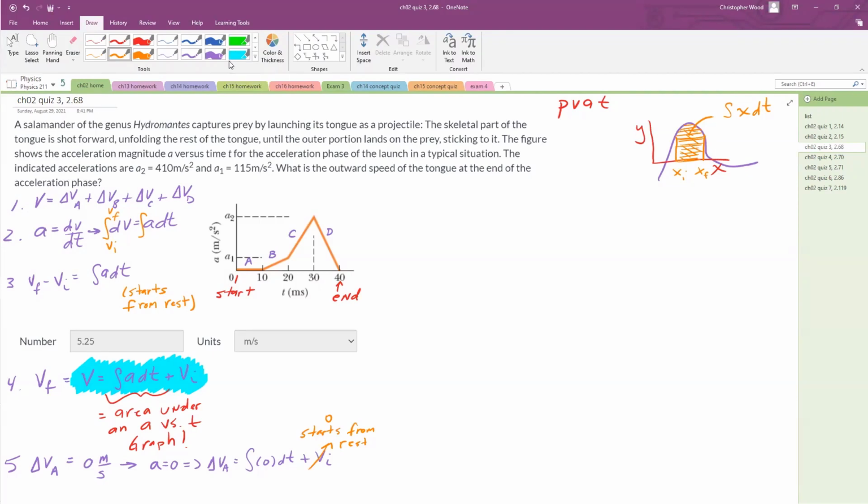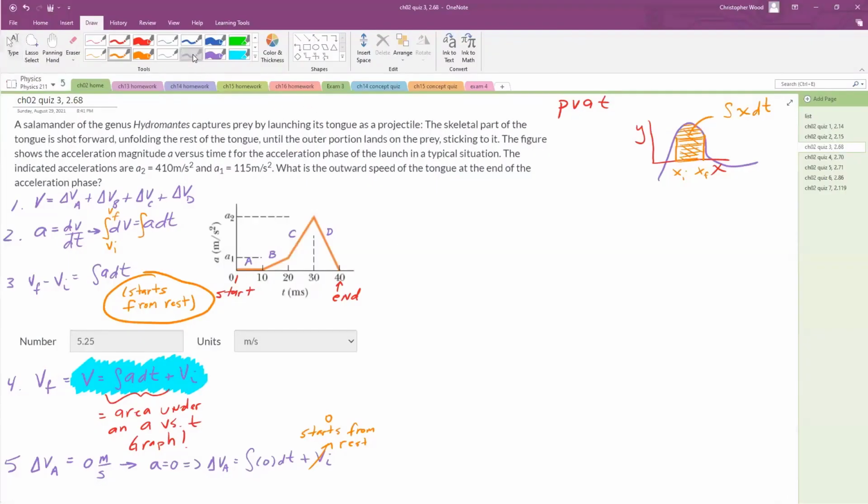And I think it does start from rest. I would just flat out say it's starting from rest. Because when you think about it, the salamander tongue starts in the mouth of the salamander, just sitting there motionless at rest. And then all of a sudden, a fly comes into view, and the tongue then proceeds to go from some 0 velocity to some non-zero velocity. So that's my idea about salamander tongues.